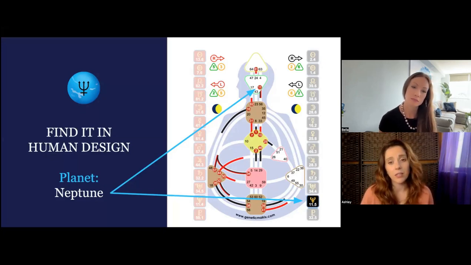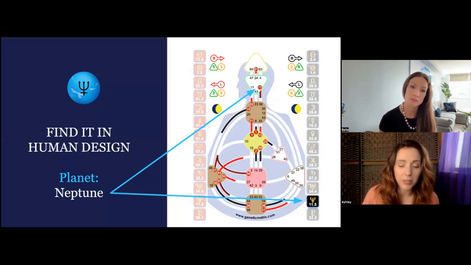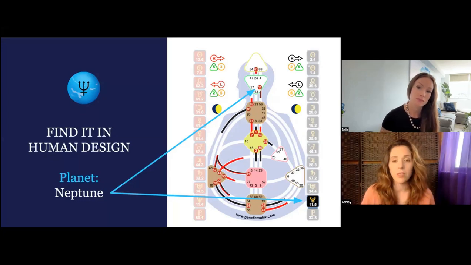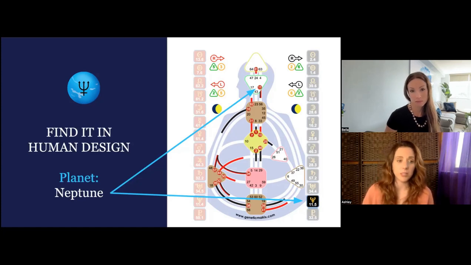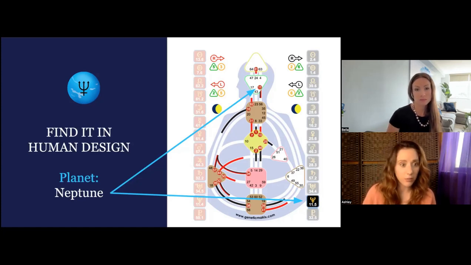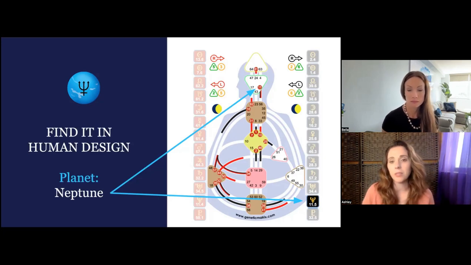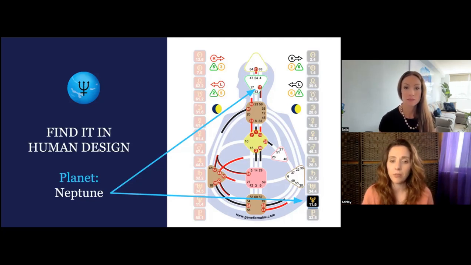If you have it in an undefined center with inconsistent energy, you're going to be experiencing that energy when you come in contact with other people. When it gets defined, if you have the whole channel, it's going to be like an internal process that you are going through within yourself. It's not so much you interacting with the other. So there are just some little tidbits in that, but just take note of the configuration of that Neptune activation in your body graph.